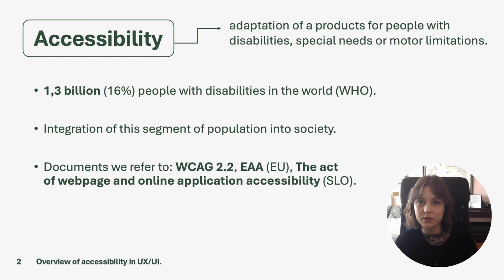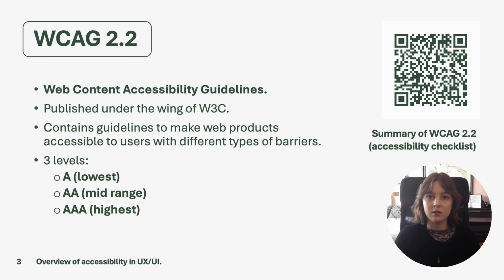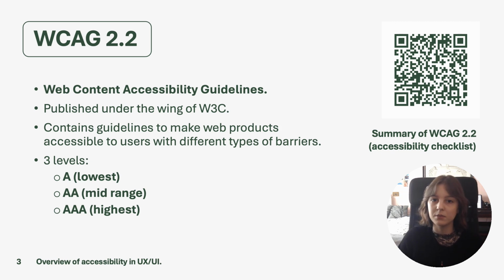On the topic of web accessibility, we know different documents. The main standard when we're designing accessible web solutions is a document called Web Content Accessibility Guidelines, which was published under the wing of the World Wide Web Consortium. This document basically contains guidelines on how to make web products accessible to users with different types of barriers.